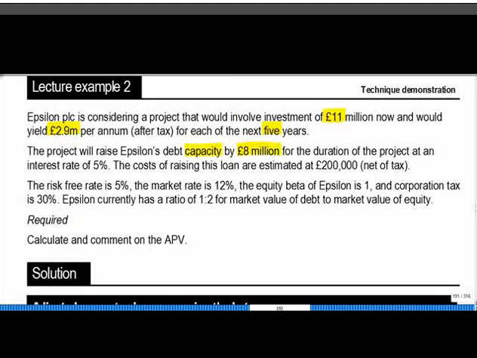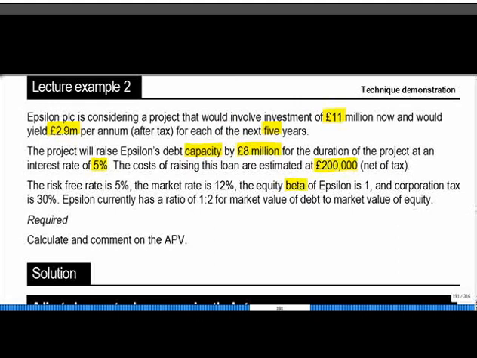And because we're using Modigliani and Miller theory, we're going to assume that we exercise all of that capacity because debt is good. We're going to pay 5% interest. The cost of the loan being raised is 200,000, and then we're given some information about our beta factor and the rate of tax.